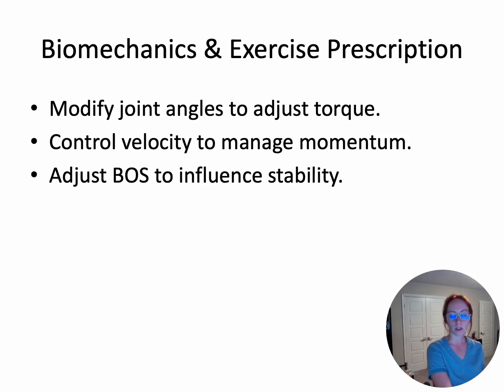Alrighty, and now, at this point, you should be able to modify joint angles to adjust torque, control velocity to manage momentum, and adjust someone's base of support to influence their stability. So you can be a little bit more specific and tailored when creating an exercise prescription with a biomechanical view in mind as well.